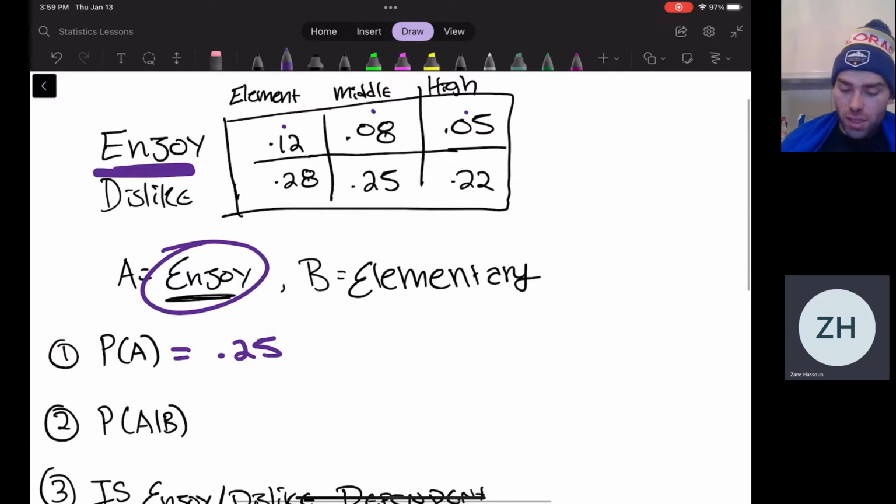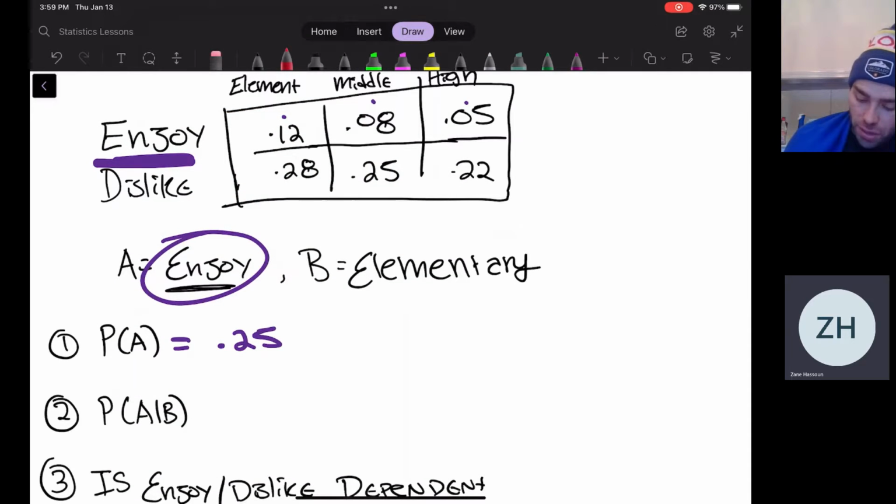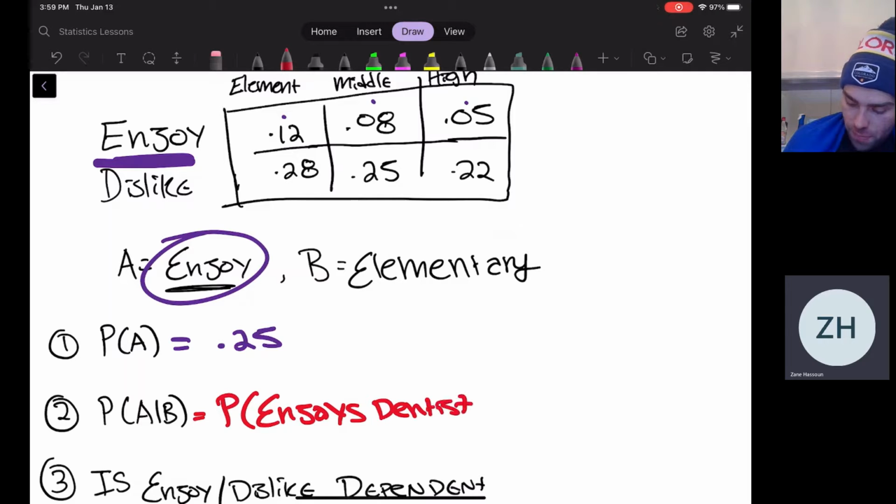Now let's see if we can use this information to solve a conditional probability. Let's write this out: the probability that a student enjoys going to the dentist given they're in elementary school.